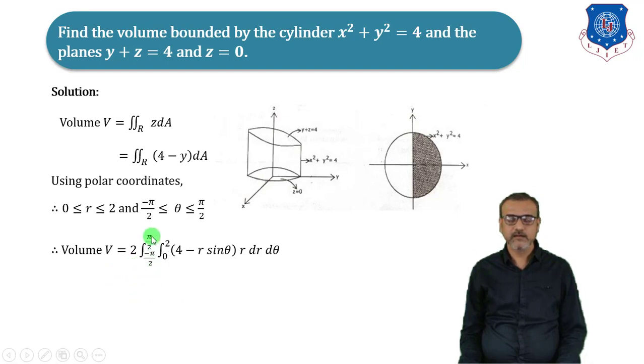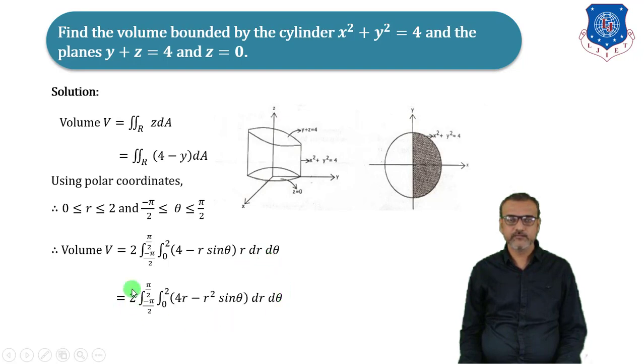Now this is the limit of theta, that is integration from minus pi by 2 to plus pi by 2, and integration from 0 to 2, and this is the limit of r. Then this is 4 minus y, so 4 will be as it is, and y is nothing but r sin theta, and dA equals dx dy, but here we are using polar coordinates, so dx dy equals r dr d theta.